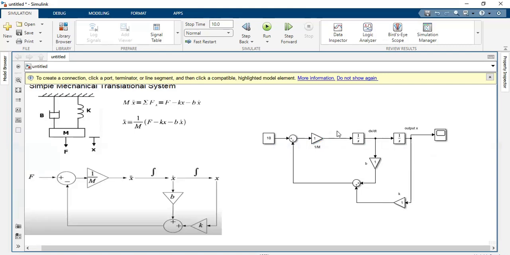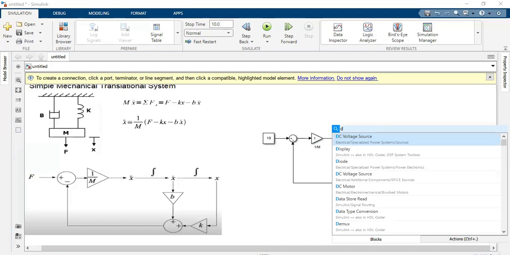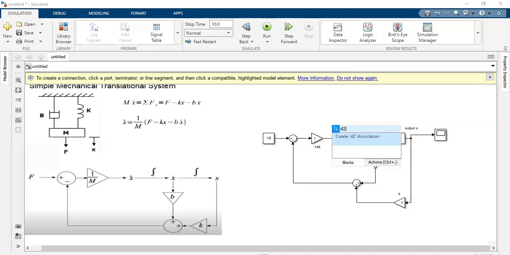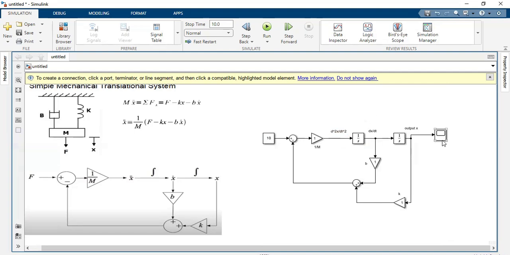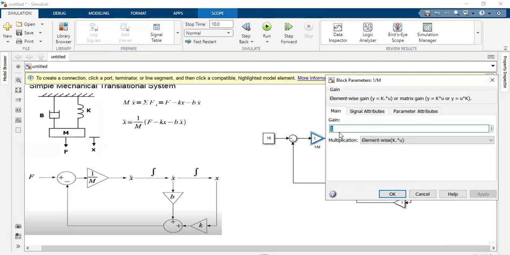The output of the 1 by m gain block is d square x by dt square. Now we can take the mass to be equal to 2, so this will be 1 by 2.